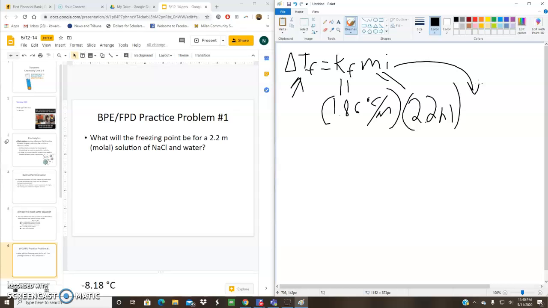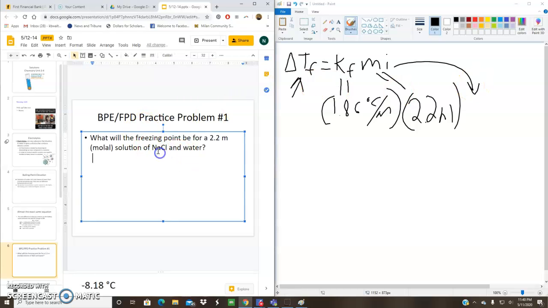So, because it's an ionic compound, we have to add how many atoms are in this compound. So if I look, I have 1 atom of sodium for every 1 atom of chlorine. Because of that, it's just a simple 1 plus 1, because there's 1 atom of each, gives us 2.